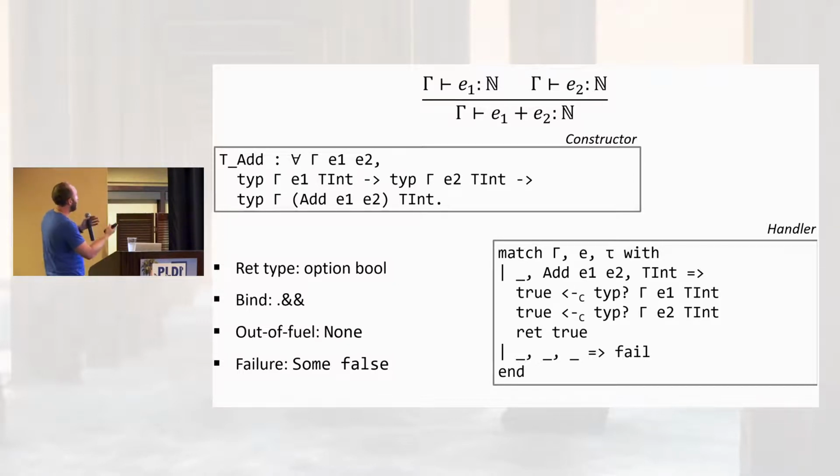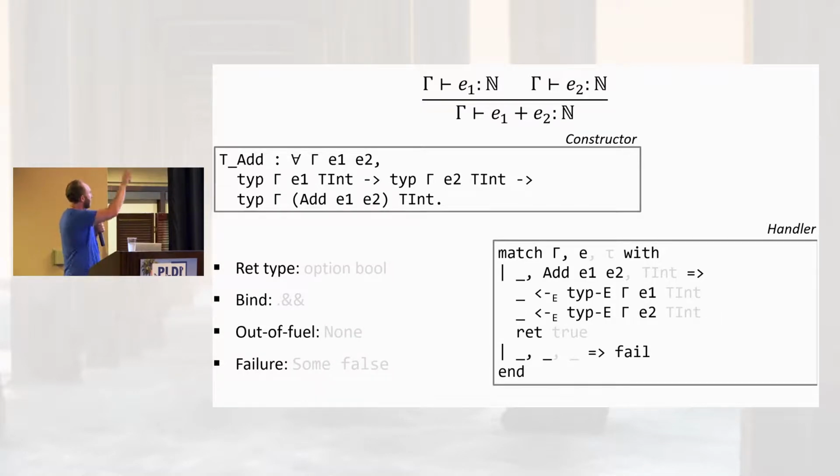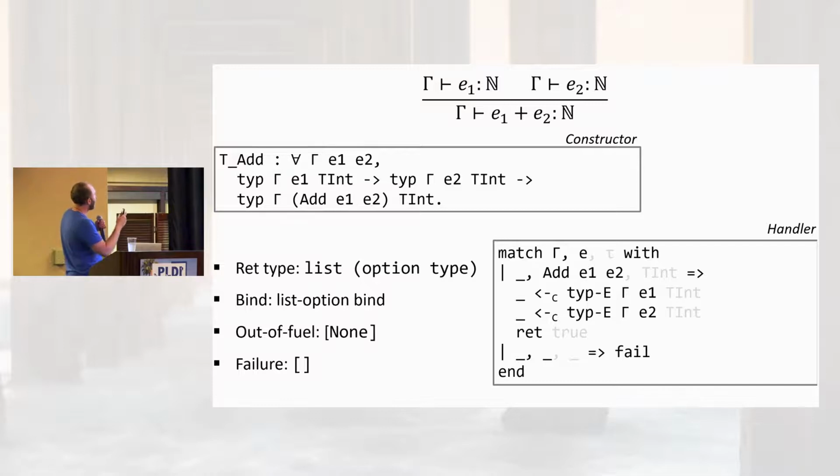Okay, so far all I did was a slight rewrite, but now what if we wanted to produce a tau such that this relation holds? Well, first of all, it's no longer an input, so let's remove all of those things. And now, we're just going to change the monad. The monad is going to become a list option monad, and the bind is just list option bind.